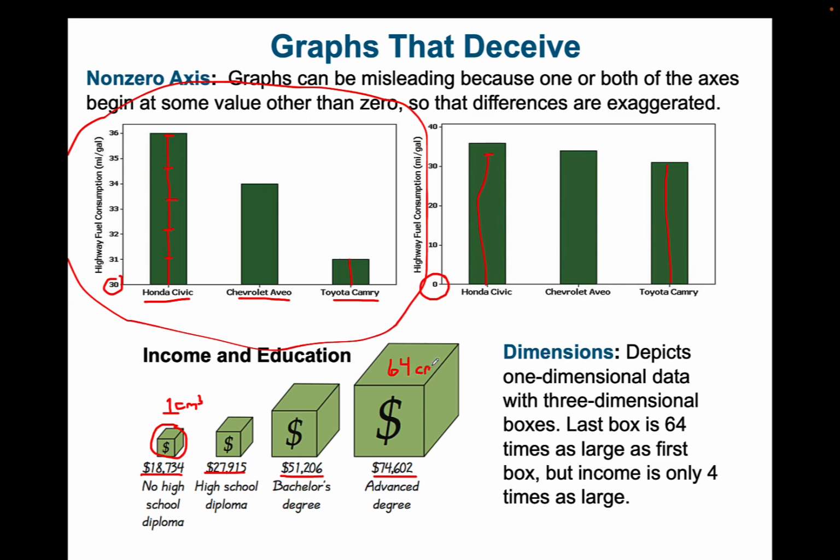So the visual, three-dimensional representation of the data is showing that you go from 1 to 64 times as much. But if you look here at the numbers, the actual data, not the visual tools, 18,000 to 74,000, that is not 64 times as much. So using a three-dimensional tool is misleading.